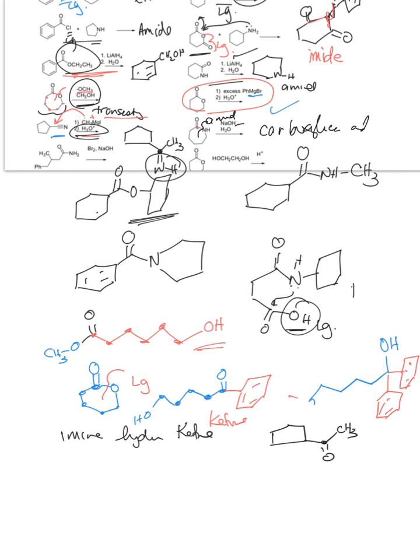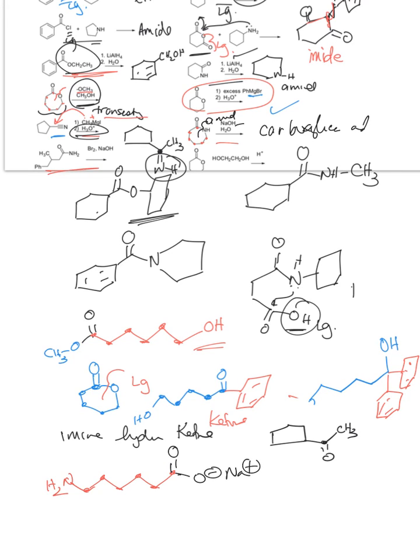Let's count how many carbons: 1, 2, 3, 4, 5, 6, 1, 2, 3, 4, 5, 6. And this will be OH. It's in base, so it'll be O-, sodium hydroxide. And this one's kind of tricky because the NH2 will stay on the chain.